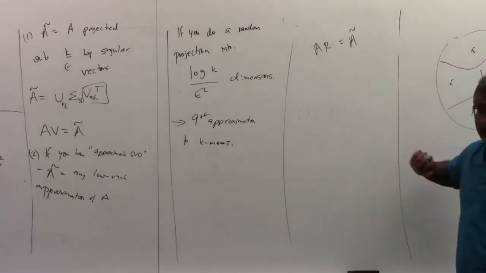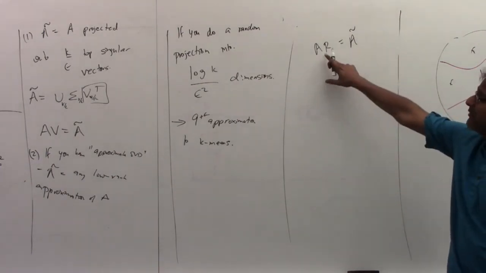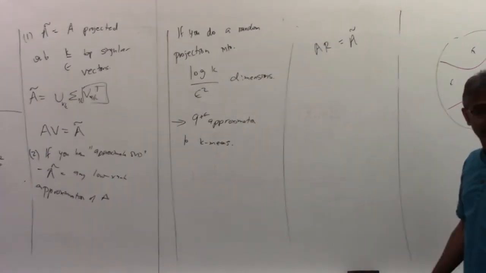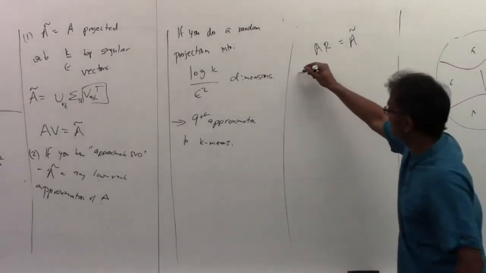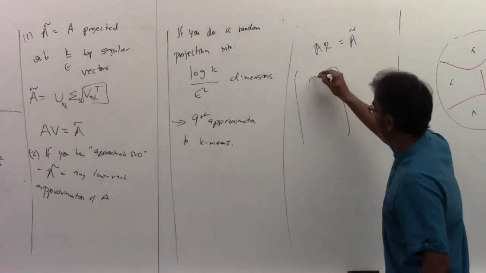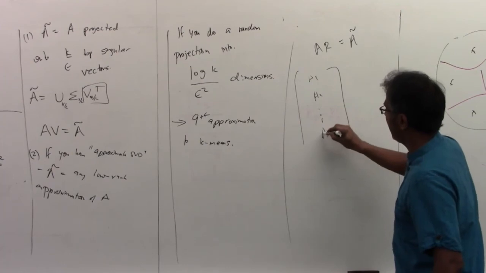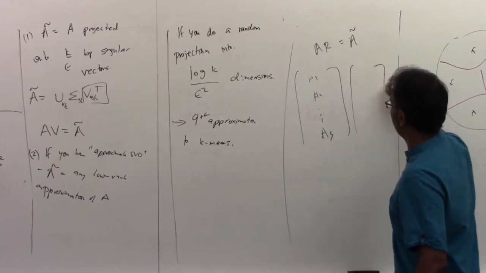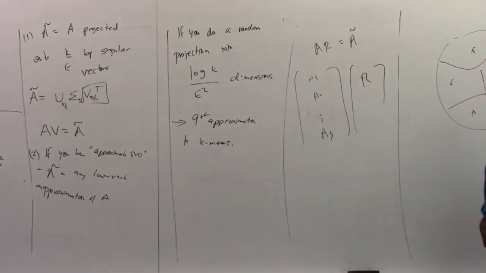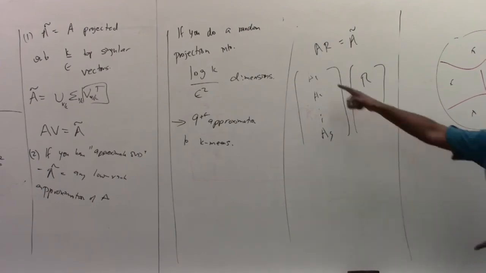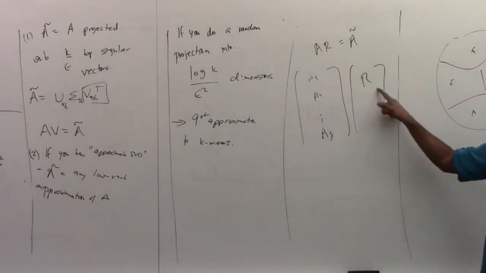But what happens if your data is distributed across multiple nodes? You can think of the matrix as stacked up: A1, A2, up to AS for the S servers, multiplied by R. That's the same as saying that each of them individually gets multiplied by R.